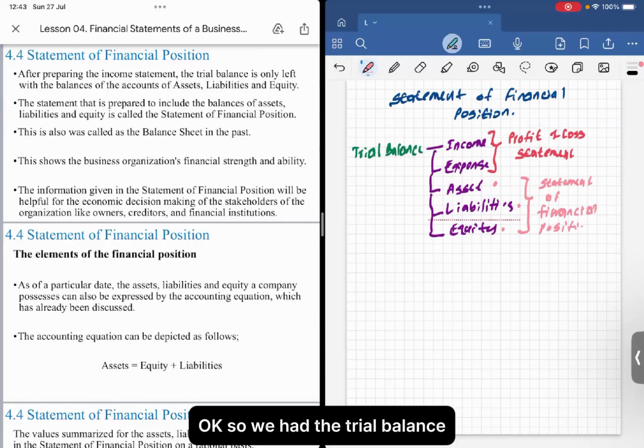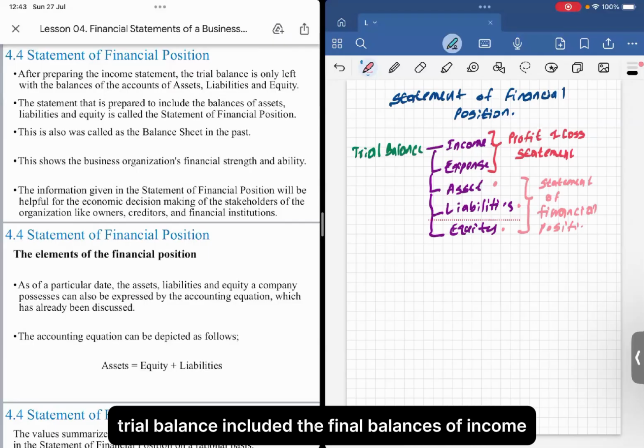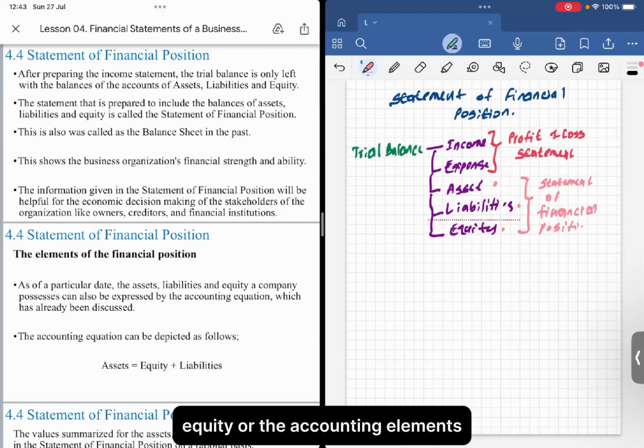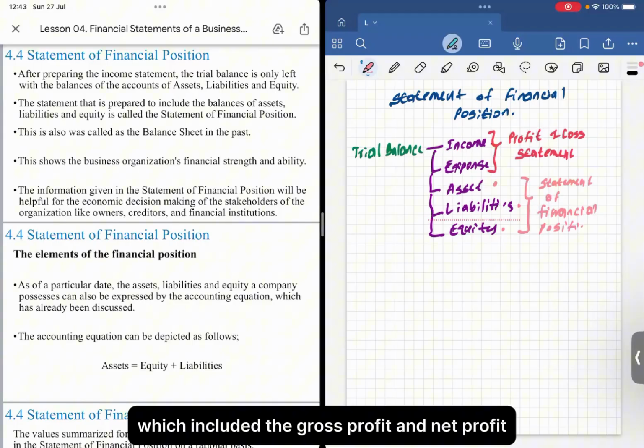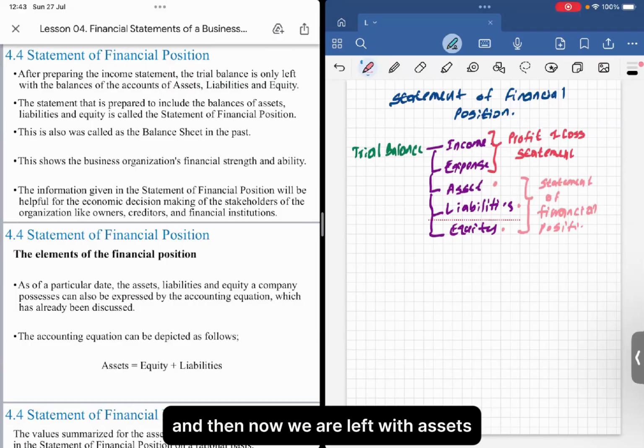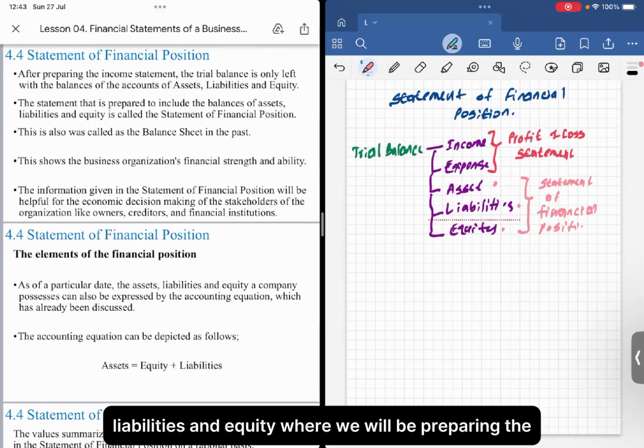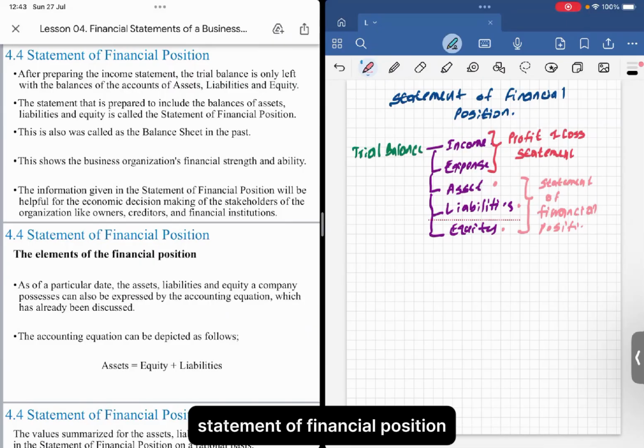The trial balance included the final balances of the accounting elements. We took income and expenses and prepared the profit and loss statement, which included the gross profit and net profit. Now we are left with assets, liabilities, and equity, where we will be preparing the statement of financial position.